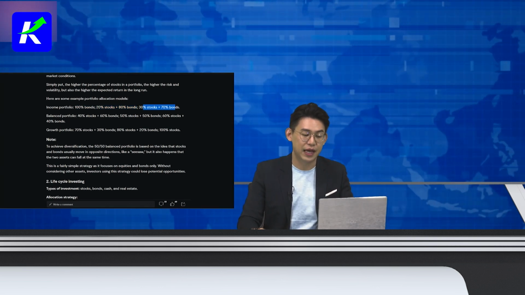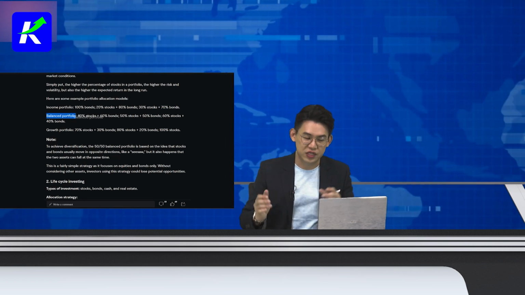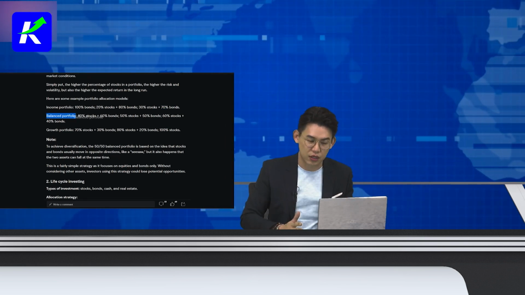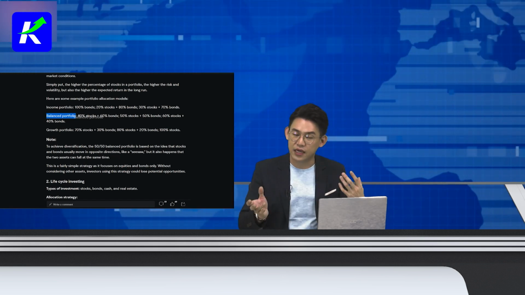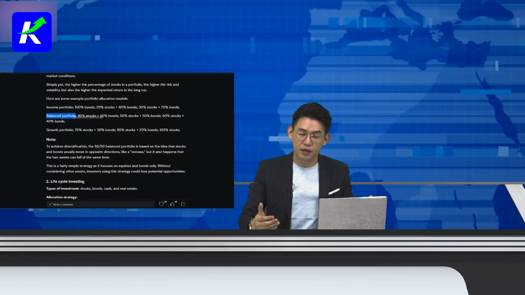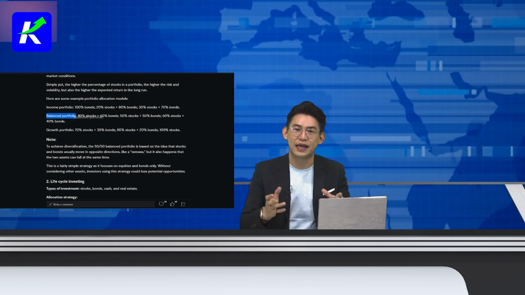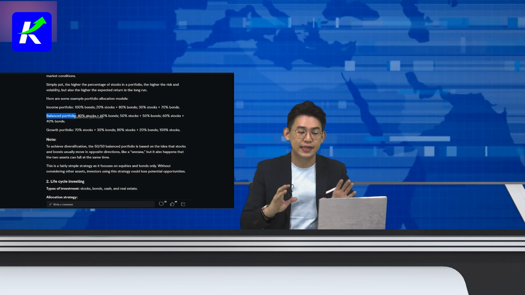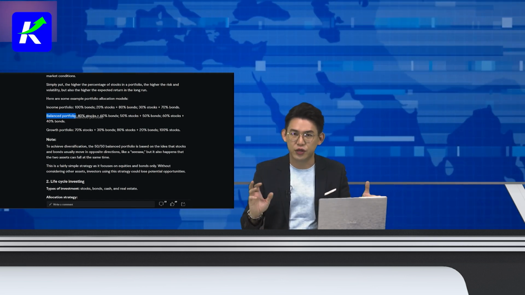A balanced portfolio usually goes from 40% stocks and 60% bonds, and can also be 50-50, or slightly more stocks or bonds. If you want some management, finding the best time to invest, you can make adjustments and review along the way.